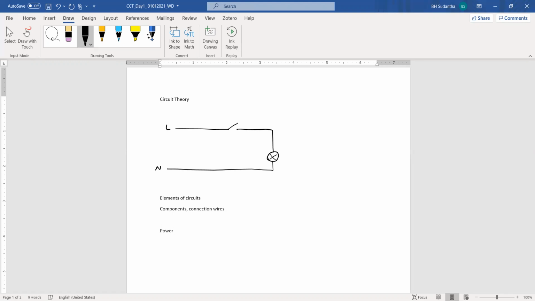So power is another thing we have to discuss. When we talk about circuits, the important things to discuss are the components, how to connect them, and the connections in between those components. And after finishing the circuit, the next thing is we have to power up the circuit. Otherwise, we cannot get the functionality of it.